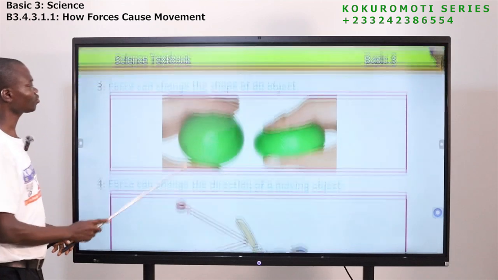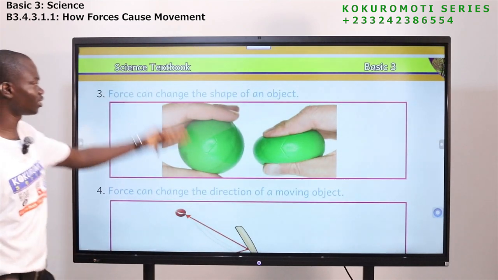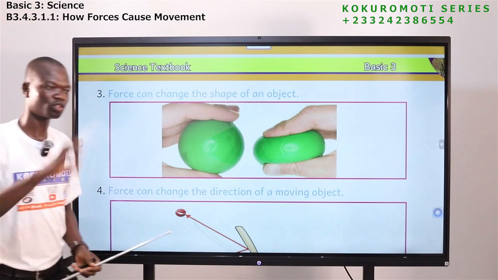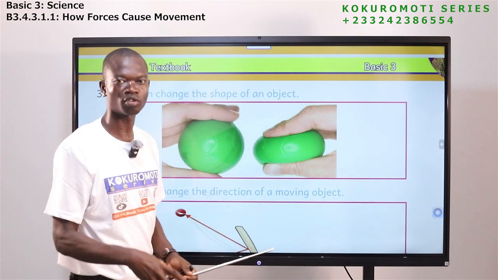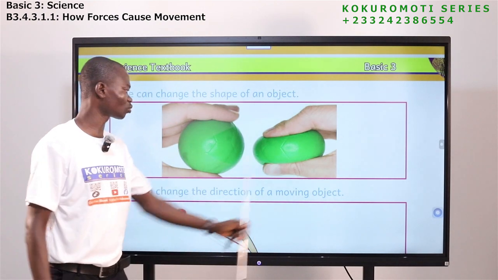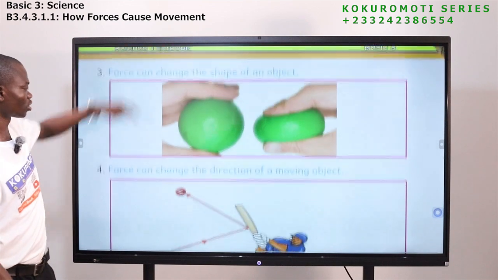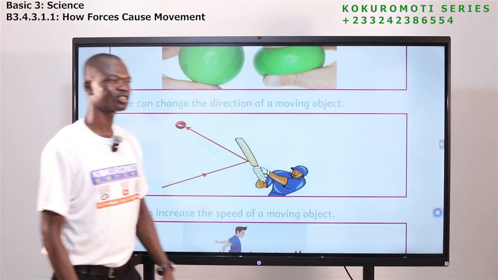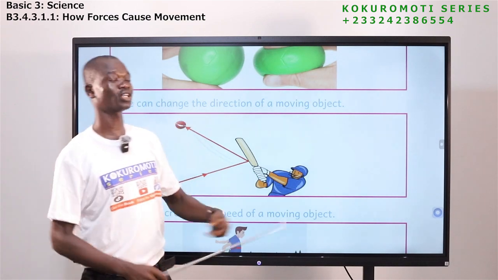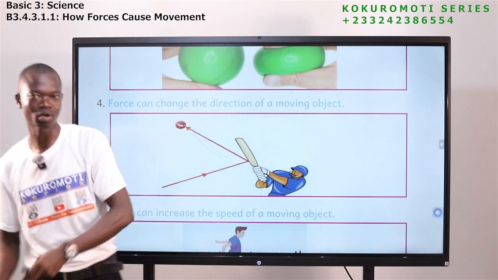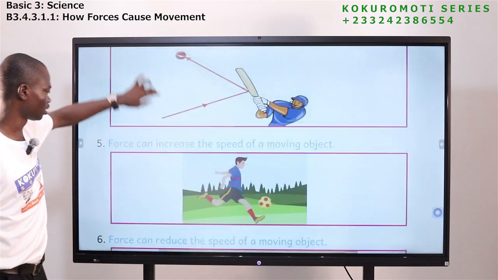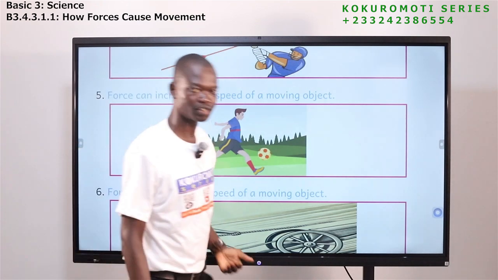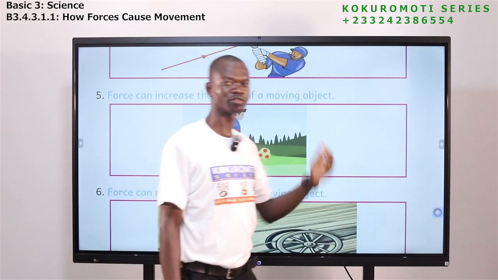We are saying that force can change the shape of an object. If an object is there and you want to change the shape, you can use force to change it. An example is what has been shown here. Force can change the direction of a moving object. If something is going to this side, you can apply force to it and the direction will change to another side. Here we are saying that an object's speed can be increased anytime you apply force to it.